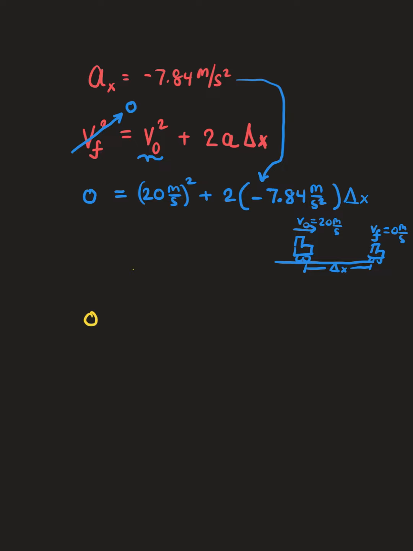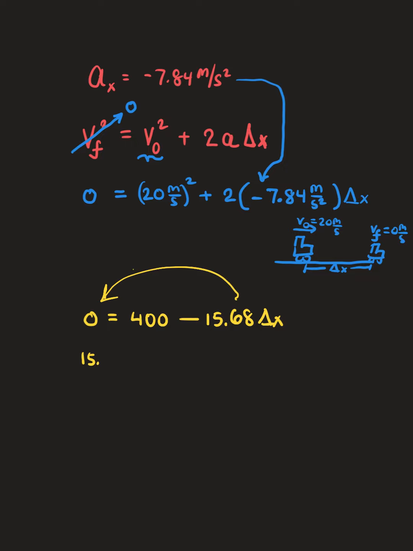So we have 0 is equal to 400. I'll leave the units out here, but I'll include units in the final answer. Minus 15.68, which is 2 times 7.84, and then multiplied by the displacement of the car in the x direction. I'm going to go ahead and add the negative 15.68 times delta x over to the left side.